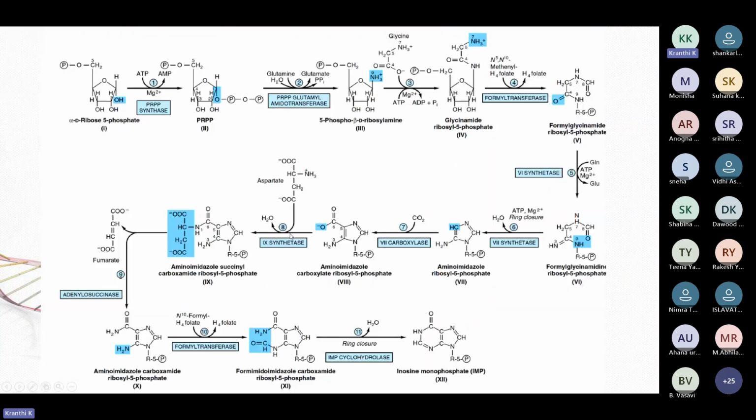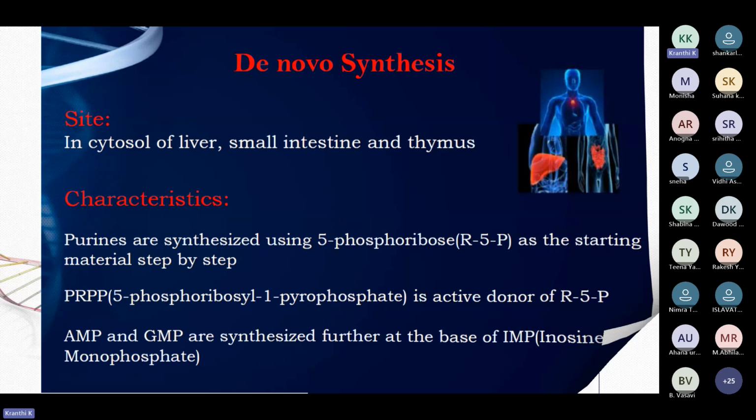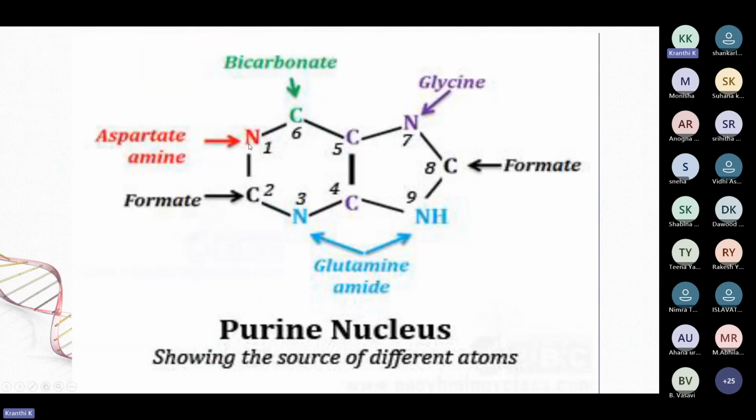I don't know whether you remember it or not. That is the reason I explained it to you with the structure. Where is the carbon 1 here? This is carbon 1, then 2, 3, 4, 5, 6, 7, 8, 9. So it's the carbon 1 place.